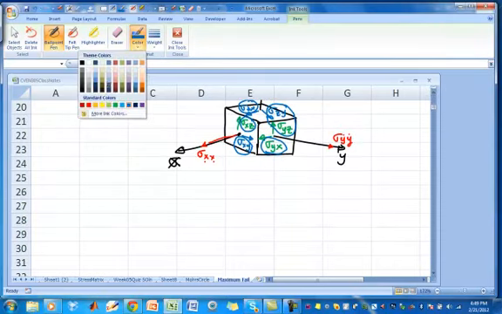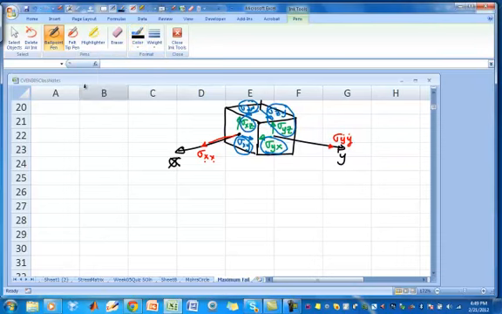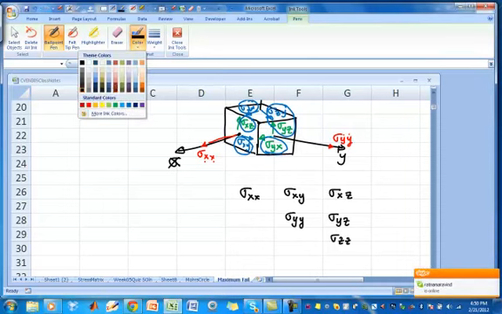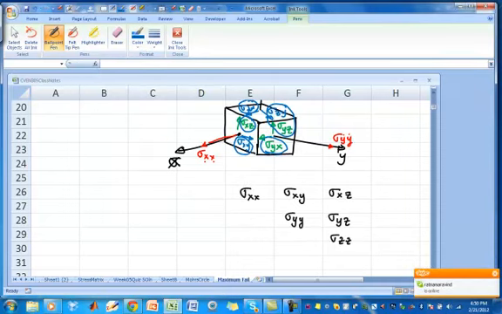So this is very, very important. If I list these things, sigma xx, and I'm going to write it in a matrix version: sigma xy, sigma xz, sigma yy, sigma yz, sigma zz. These 6 numbers, of course these things are symmetric, so I don't really need to list them separately, but I'm going to do that anyway.